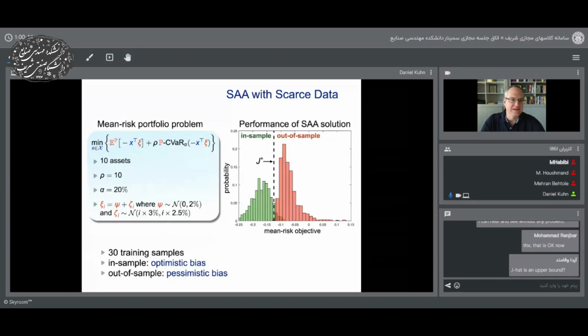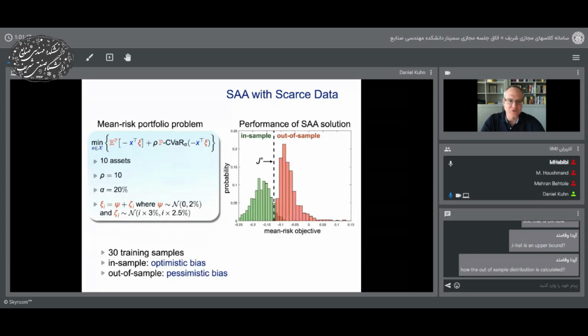The sample average approximation underestimates the risk of the optimal portfolio. That's because the green histogram is on the left-hand side of the true optimal value. Of course, out of sample, I can never do better than the true optimal value. So the out-of-sample values are all strictly higher than the true minimum that could only be achieved if we knew the true distribution.